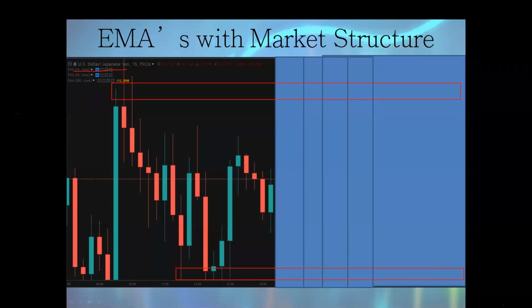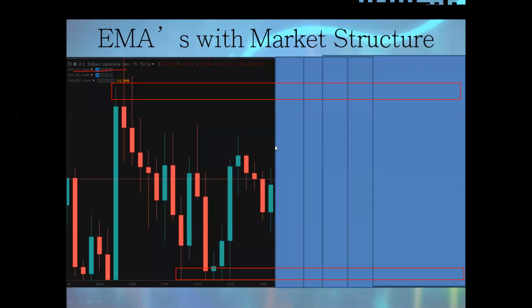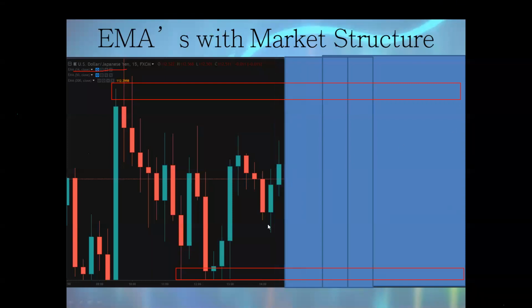Now two things can happen. Either price can continue to go up towards this resistance, or somehow the next candle can go bearish and then we can just sell towards support. See what happens. Oh, this is perfect.